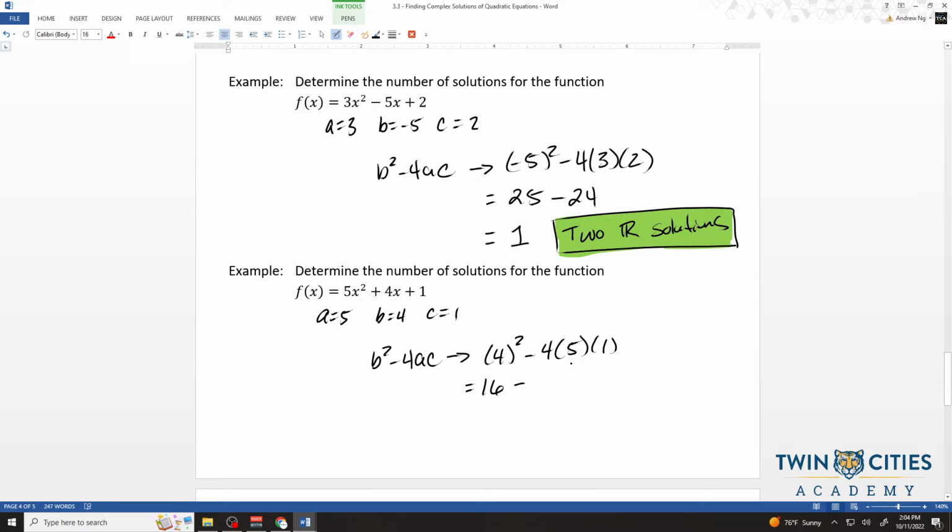Minus 4 times 5 is going to be 20. 20 times 1 is still 20. And 16 minus 20, this is negative 4. Because this is less than 0, it's negative, this will tell me I'm going to have two non-real solutions.